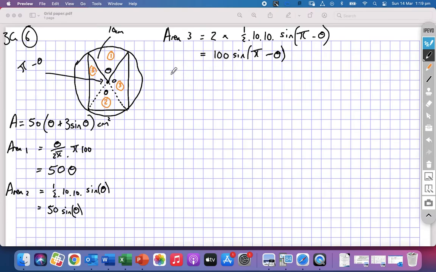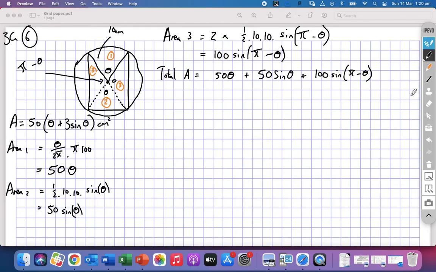So we've got total area equaling 50 theta, that's area 1. Area 2, 50 sine theta and 100 sine pi minus theta. Turns out that's the same as sine theta.